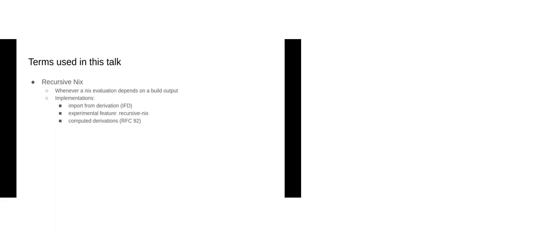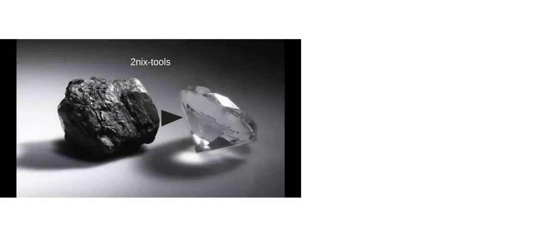All right, so what are to-nix tools? To-nix tools are there to translate packages from other build systems to Nix. In other terms, it's basically an automated way of creating Nix expressions or Nix derivations. Why do we use it? It saves us a lot of time. And in some cases, the complexity is just too big to be manageable by hand.